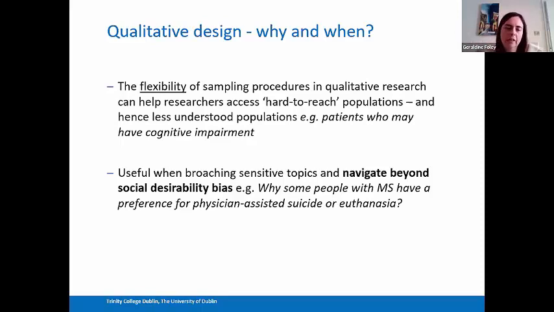So, for example, and these are just examples off the top of my head, why some people with MS have a preference for physician-assisted suicide or euthanasia. That's a sensitive topic to discuss, and one that would be explored in detail. Therefore, the why aspect of that question is what makes it suitable for a qualitative design.